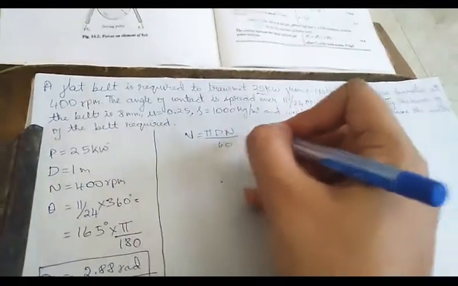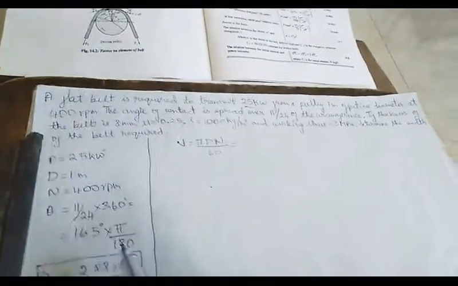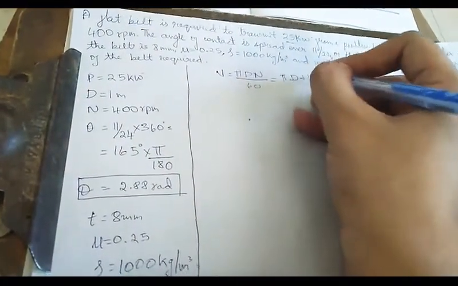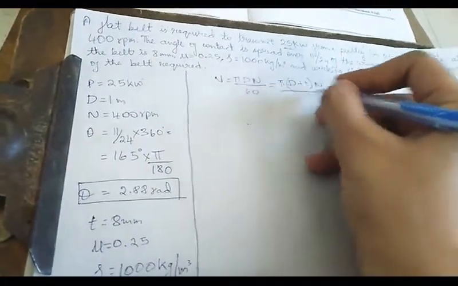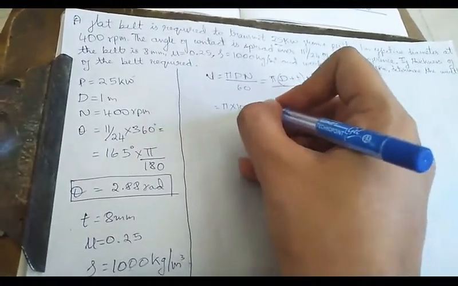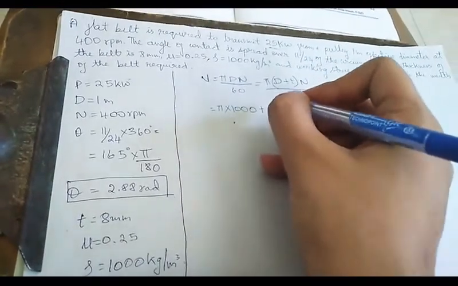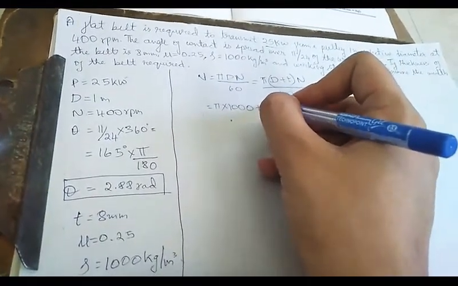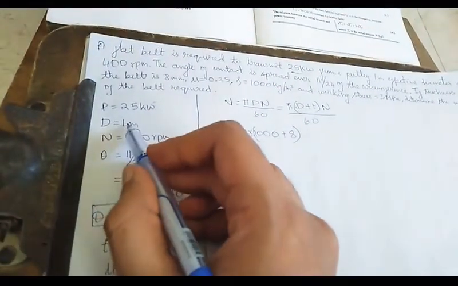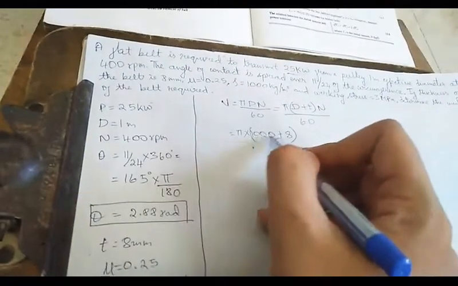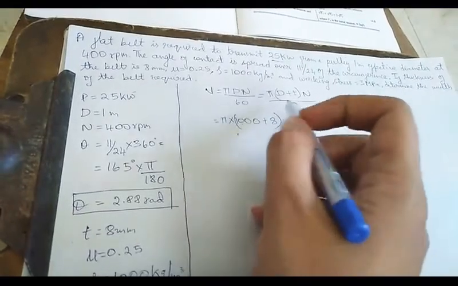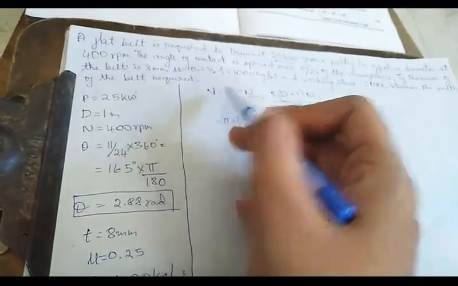pi dn by 60. Since here they have given diameter and thickness, we shall consider the thickness also. So here I am converting the value of diameter d in mm, 1000 mm plus 8. So we have to write velocity in terms of meter per second.